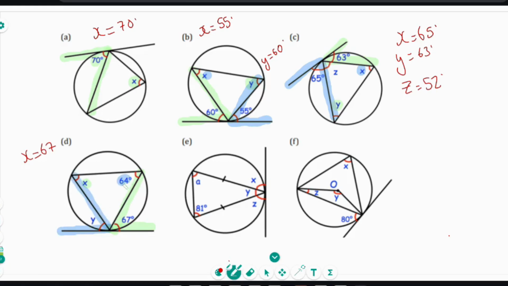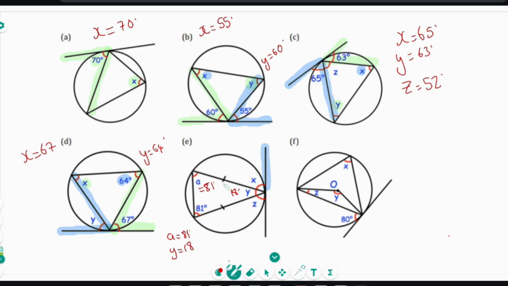Opposite angle y, 64. We've got an isosceles triangle here, so A is 81. Angles in a triangle add up to 180. 180, take away 2 lots of 81, gives you y is 18. So we have so far A is 81, y is 18.